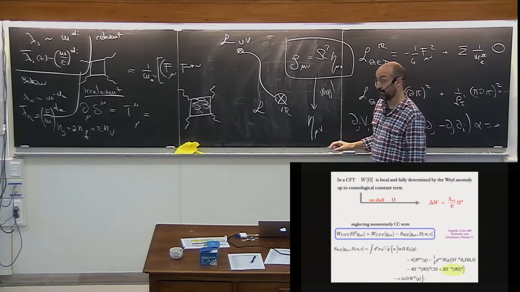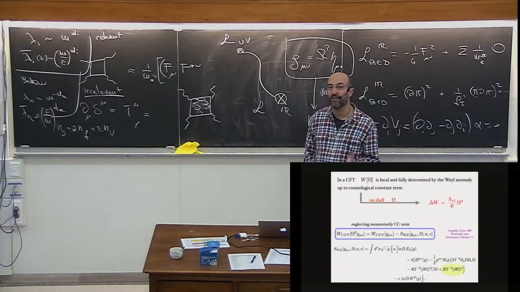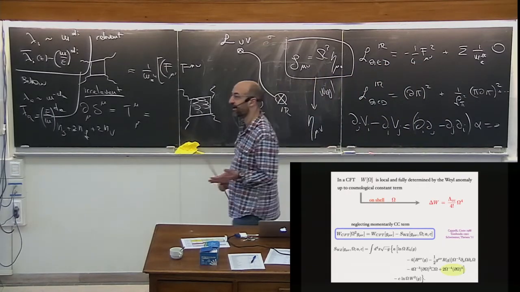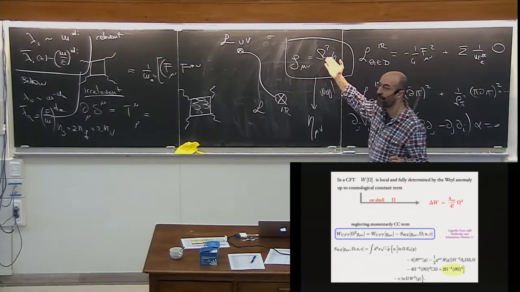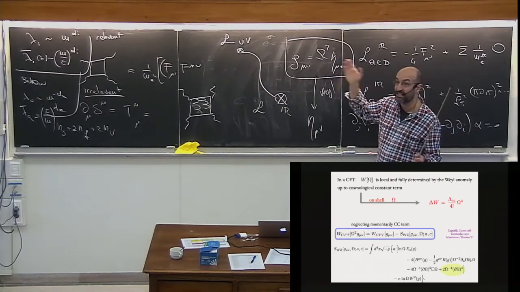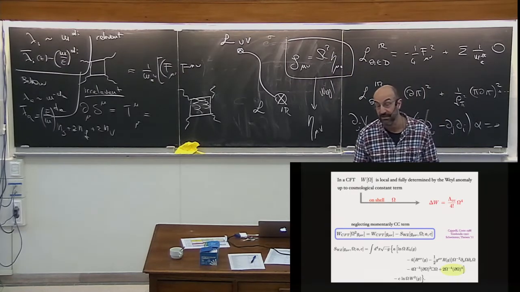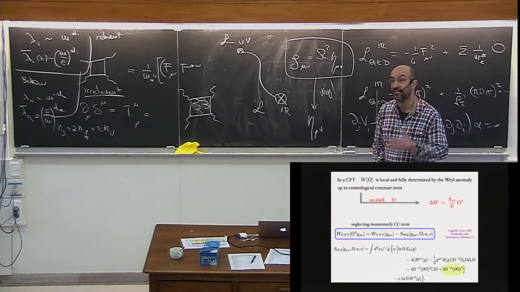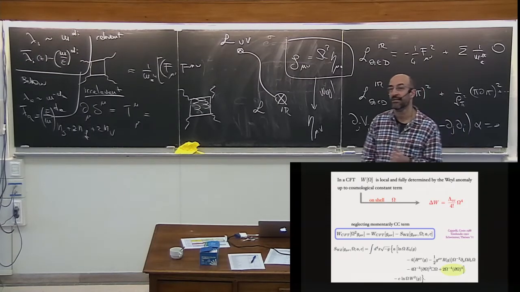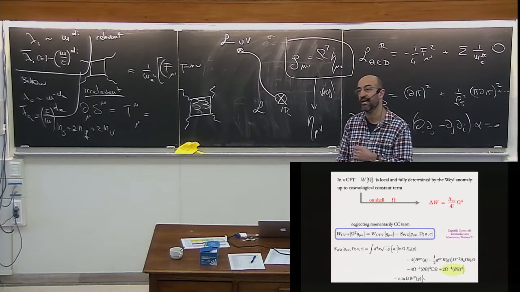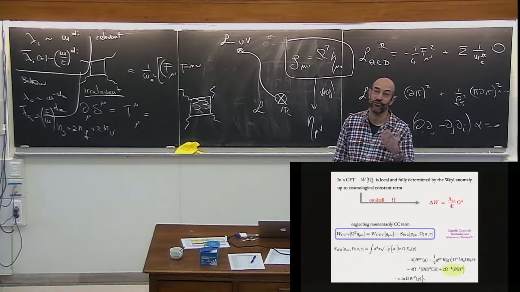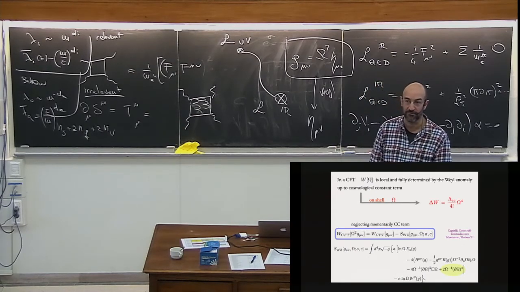So, in particular, if the theory were exactly Weyl invariant, omega would drop out. If the effective action were exactly Weyl invariant, omega would drop out of the action. But the action is Weyl invariant up to the anomaly. And you can also keep the cosmological constant term for fun.